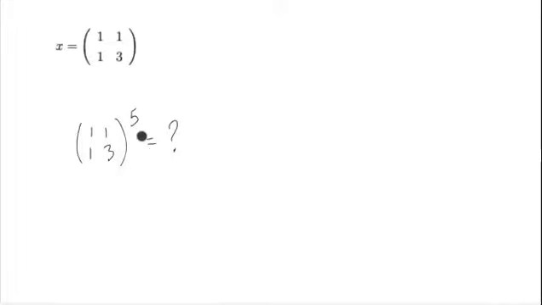In fact, the same technique that we discussed can be used to quickly determine what this matrix is to a high power. Okay, a higher power than 5. But let's take a look at this case when we're raising it to the fifth power. We want to know what it's going to be equal to.